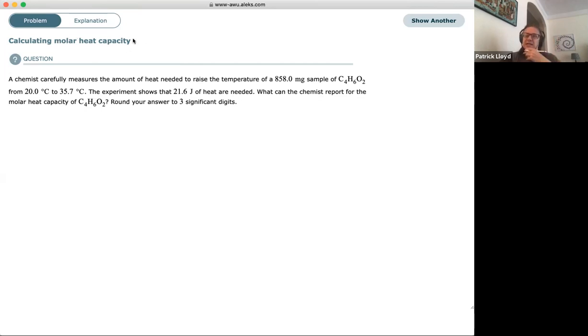But before we do that, let's calculate the specific heat capacity just like we would have in a previous problem that we talked about yesterday. So we'll look at that first. So we have that Q is equal to mc delta T. We have that the amount of heat transferred is 21.6 joules.